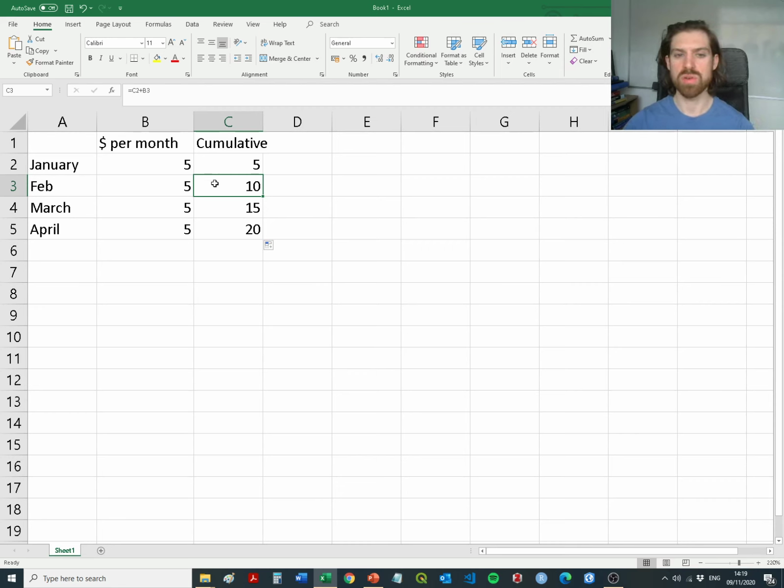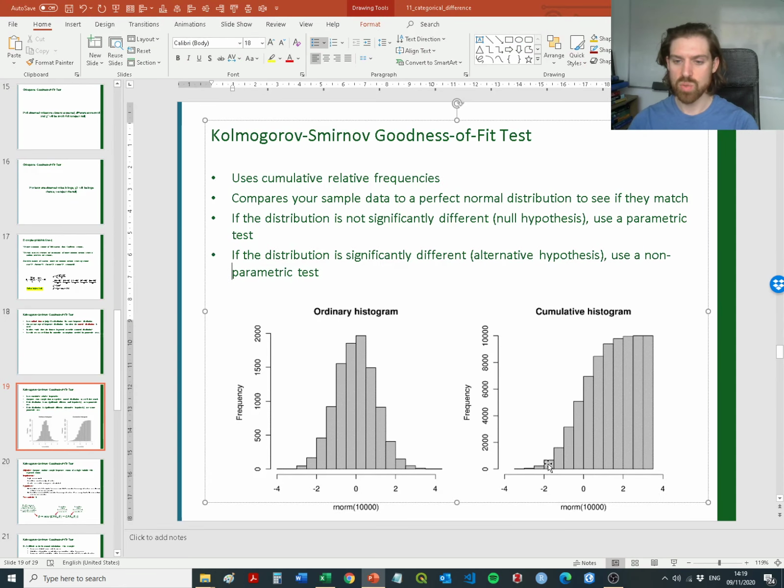So assume that in February we've got $10 in our bank account because we had 5 from January and we put another 5 in. So by April we have $20 overall in the bank account because we had 15 in March and we put another $5 in. Okay, so that's just an example of how you get the cumulative frequency or the cumulative balance. So that's essentially what you're doing here.